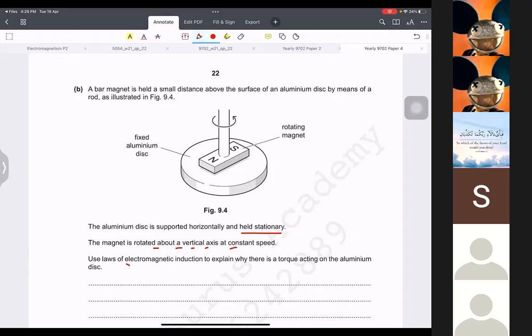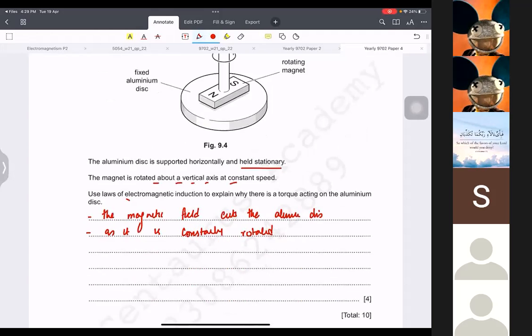What you do, you should understand that the magnetic field cuts the aluminum disc as it is constantly rotated.